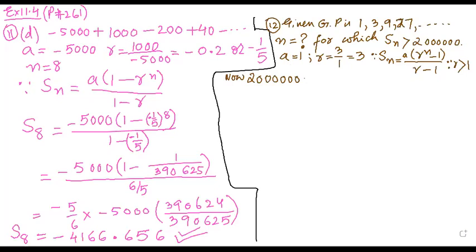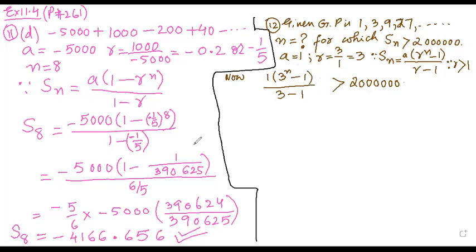So this should be greater than 2000. What should be greater than? a is 1 and r is 3, so 3 power n minus 1 upon 3 minus 1.